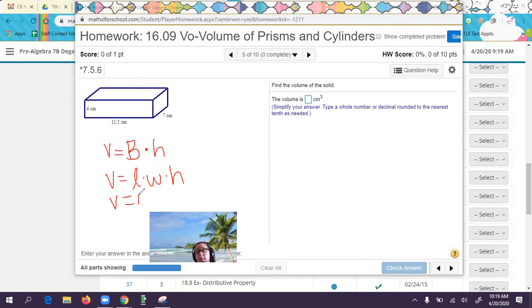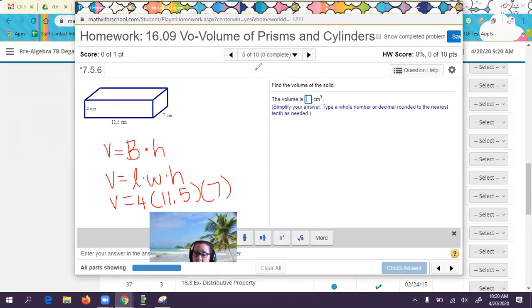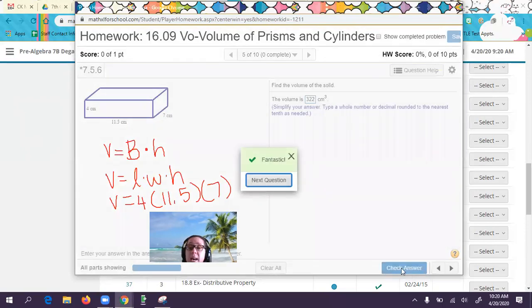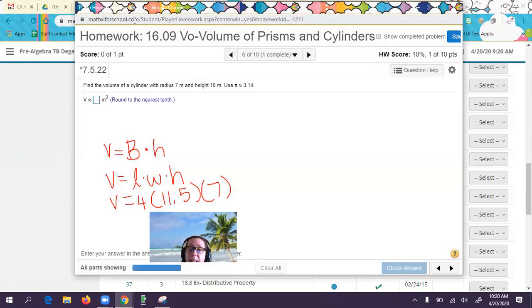All I'm going to do is take those 3 numbers and multiply them together. What do we get? What is 4 times 11.5 times 7? 322 centimeters cubed. Let's see if they're right. And remember, volume is cubed. Very good. Yeah, fantastic. Thanks, Math Excel.